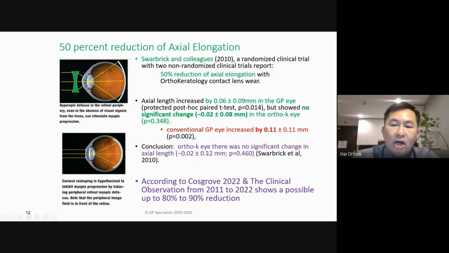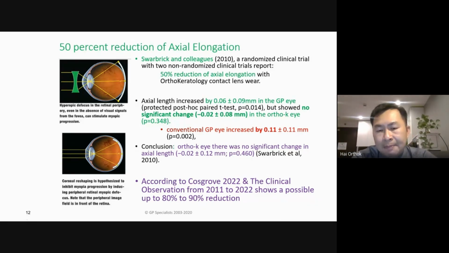Because of that, Ortho-K eyes after 2 years of wearing were able to reduce the axial elongation to 0.2 plus or minus 0.12 millimeter. Meanwhile, the conventional GP increased the axial elongation to 0.11 plus or minus 0.11 millimeter. But this is a study back from 2010.